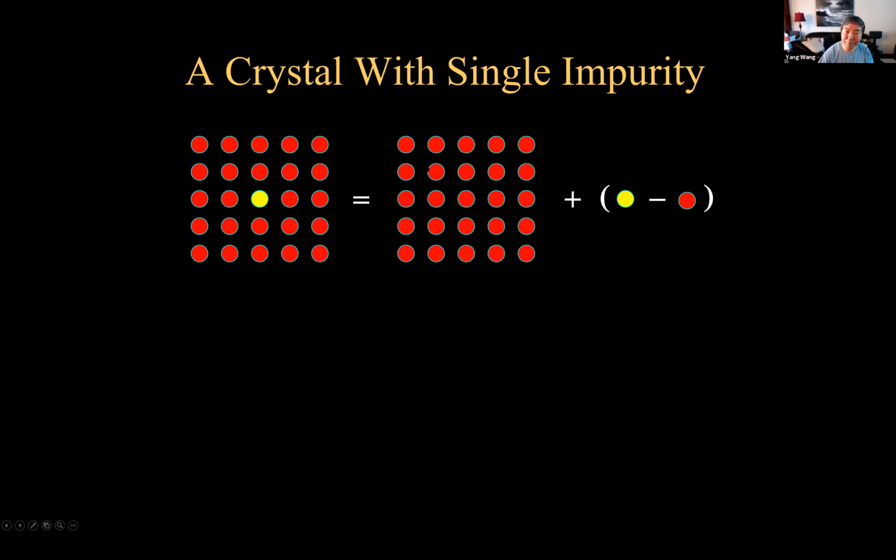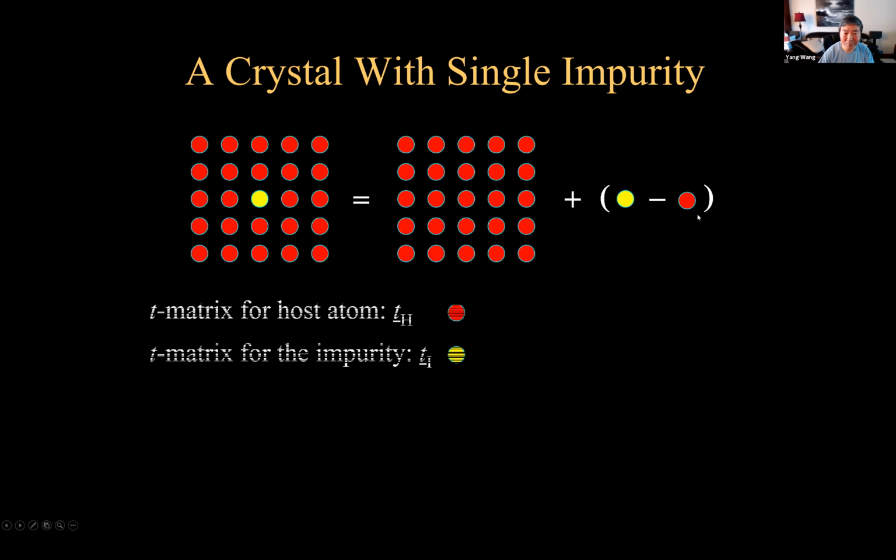That is, you have a perfect crystal, with one atom pinned. This is a simple crystal problem. Everybody knows how to do it, but with this plus and minus here. We can calculate the T matrix for this single site, called the host atom. We can calculate its scattering matrix, and for the impurity atom we can calculate the T matrix for it.